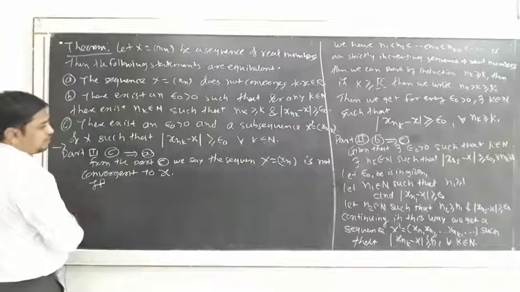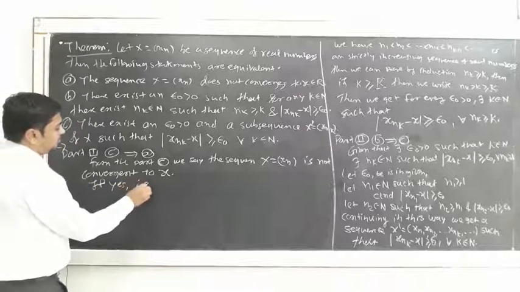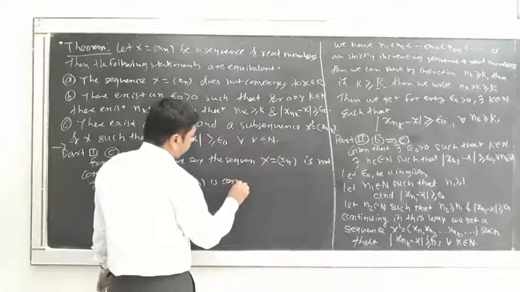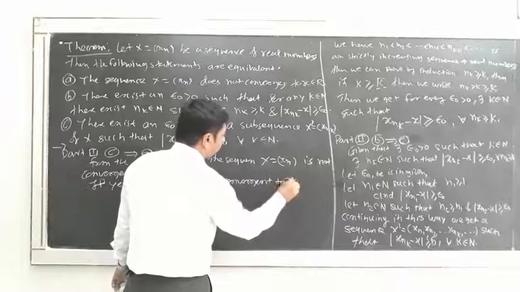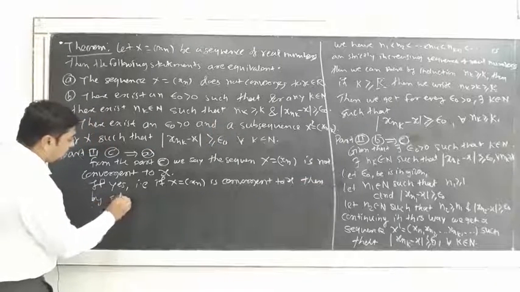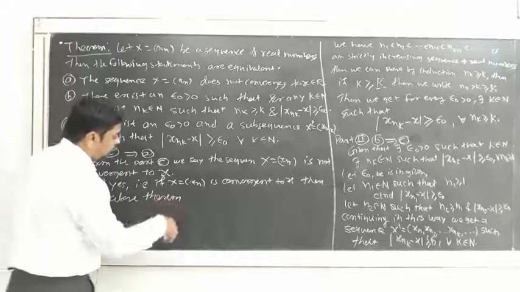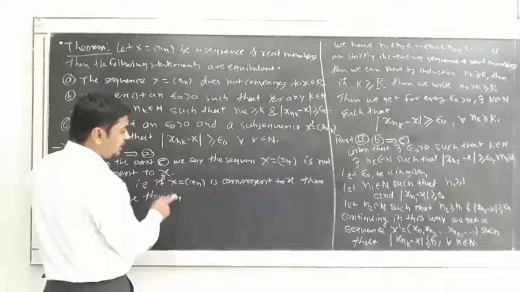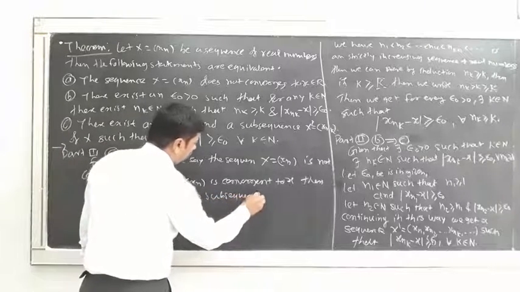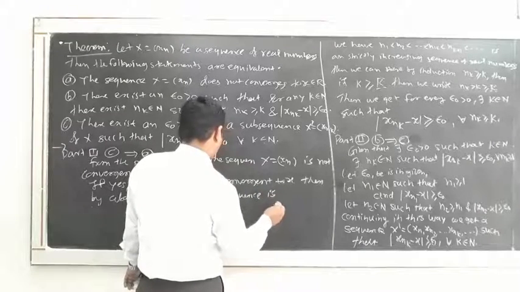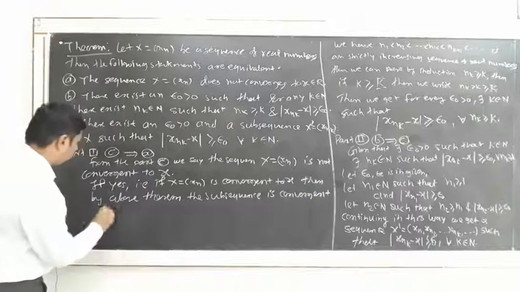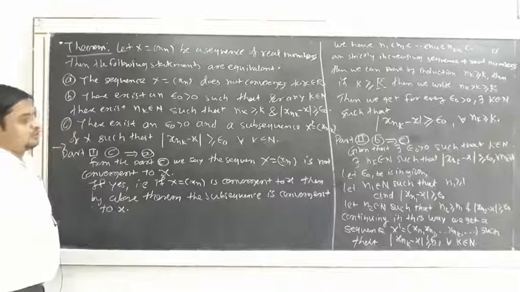If, yes, that is, if x equal to xn is convergent to x, then by the above theorem the subsequence is convergent to x.